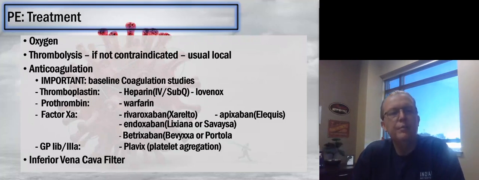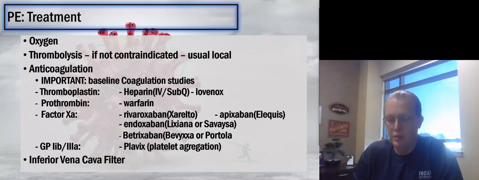So what's the treatment for this? First of all, we're going to provide the patient with oxygen. Often we'll provide oxygen even if the patient's saturations are still okay. If you think about it, this somewhat makes sense because there's a portion of the patient's pulmonary structure that's not getting blood flow. So the lung parenchyma portion of it is not getting blood flow.